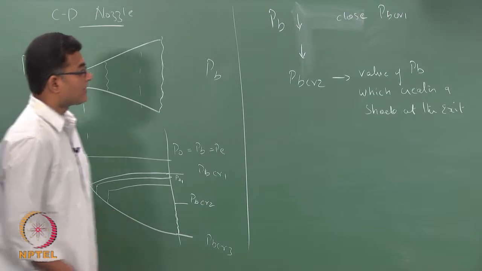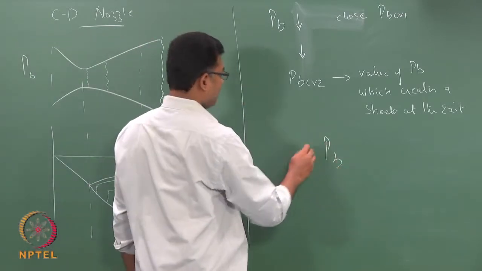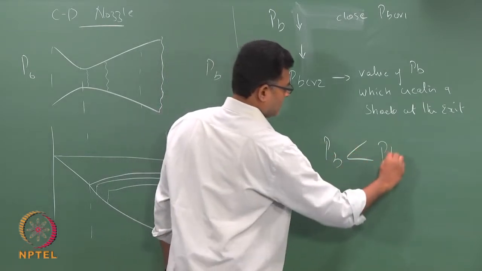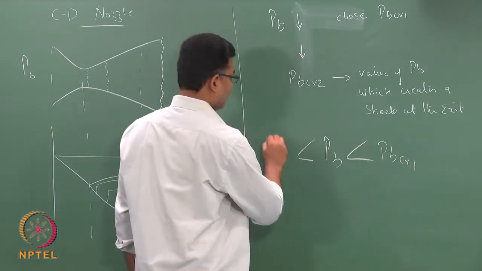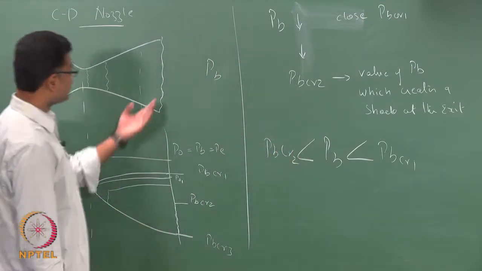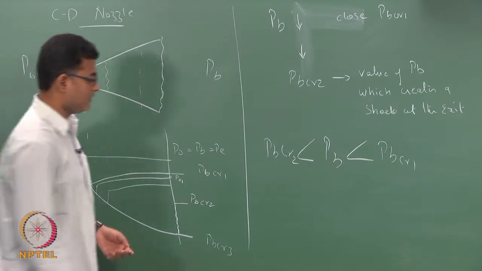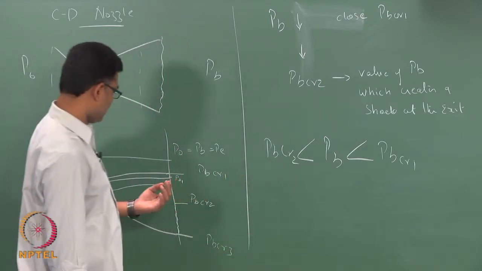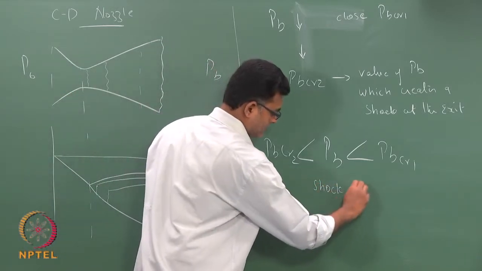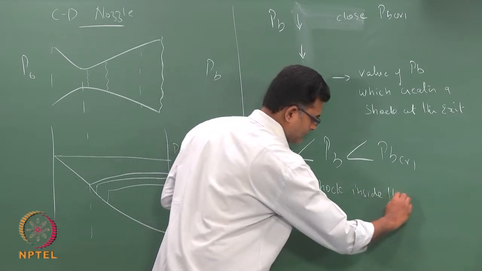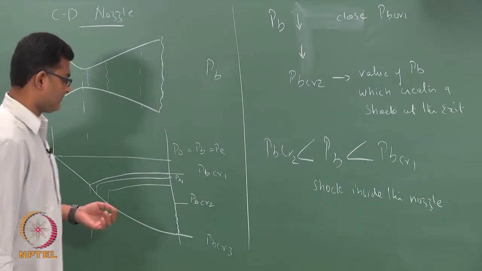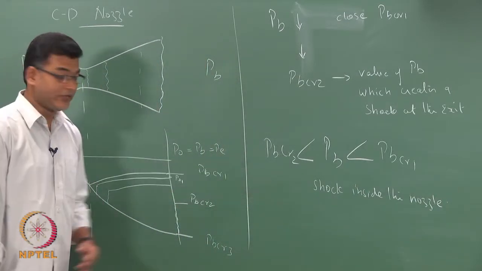If your back pressure is between PB critical 1 and PB critical 2, I have a shock inside my nozzle. Okay. So, we are going to discuss this scenario today.